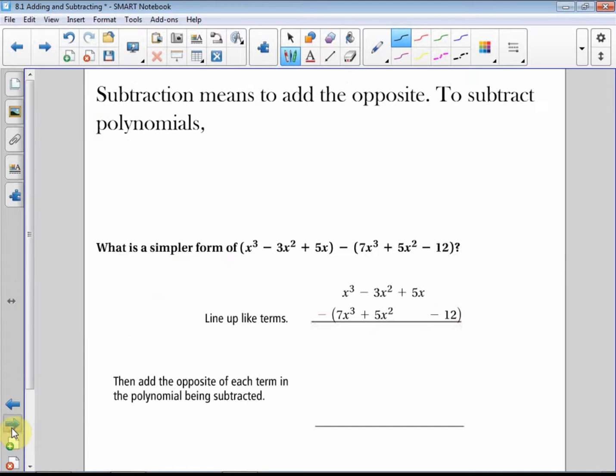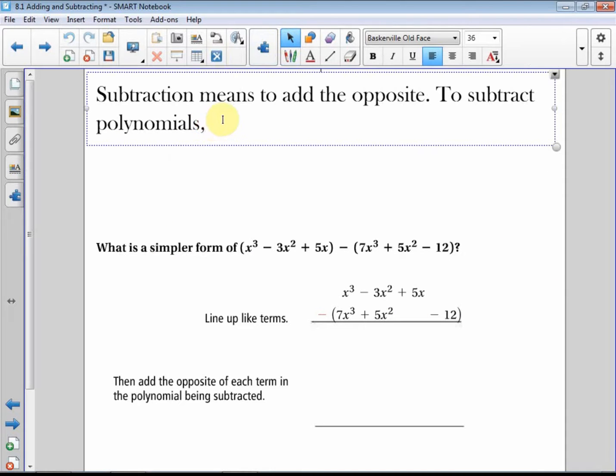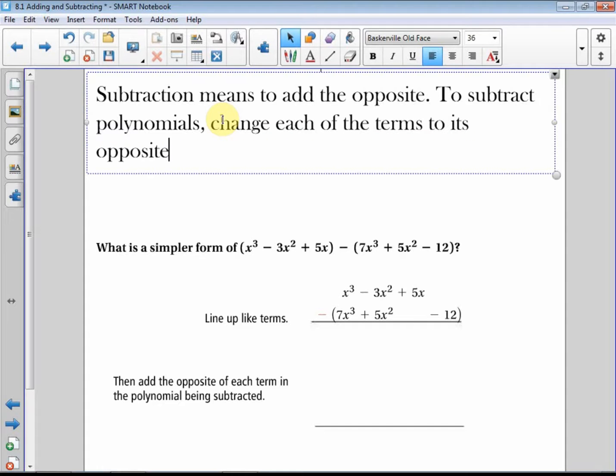Now, let's get into subtraction. Subtraction means to add the opposite. So to subtract polynomials, you will change each of the terms to its opposite. Then you will add the coefficients.